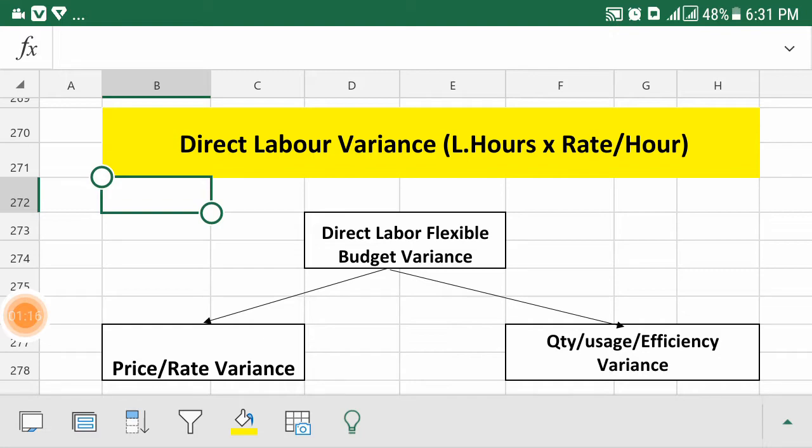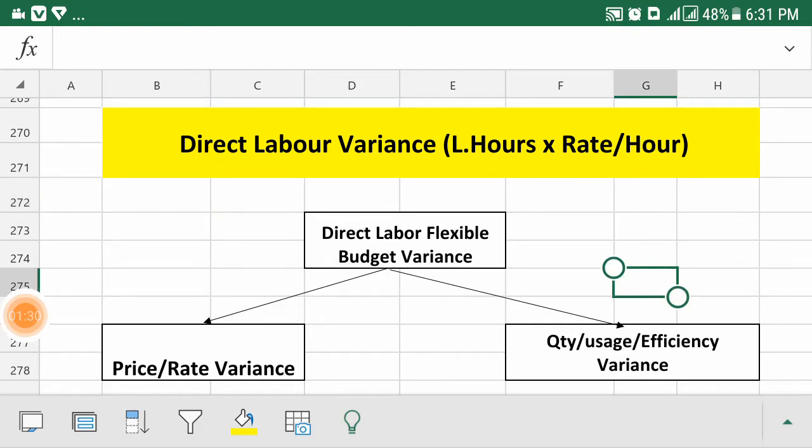But if there is even a little difference, the variance is only because of that difference. So the difference between the expected or budgeted labor pay and the amount you actually paid is called the direct labor variance.